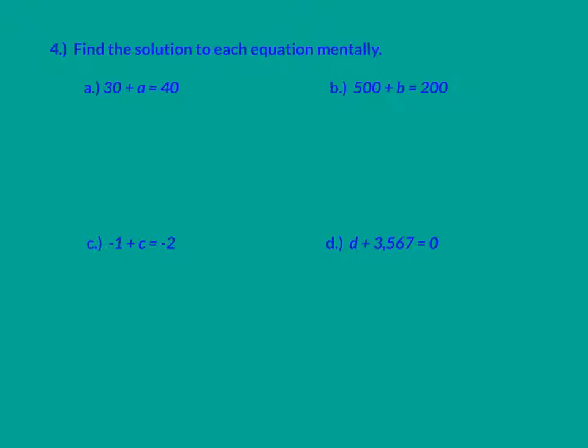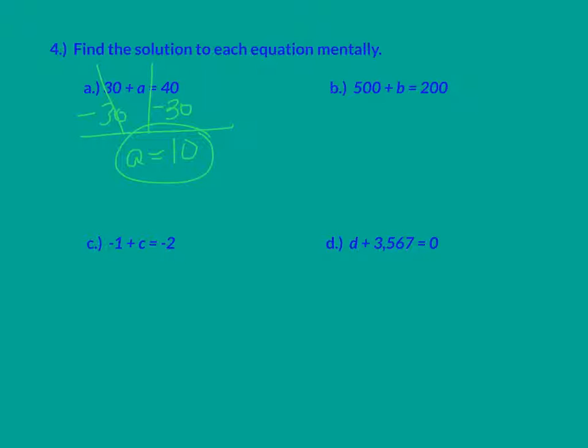So the opposite of 30 is negative 30 or minus 30. So I'm going to subtract 30 from both sides. These two cancel. I'm left with a equals 40 minus 30 is 10.